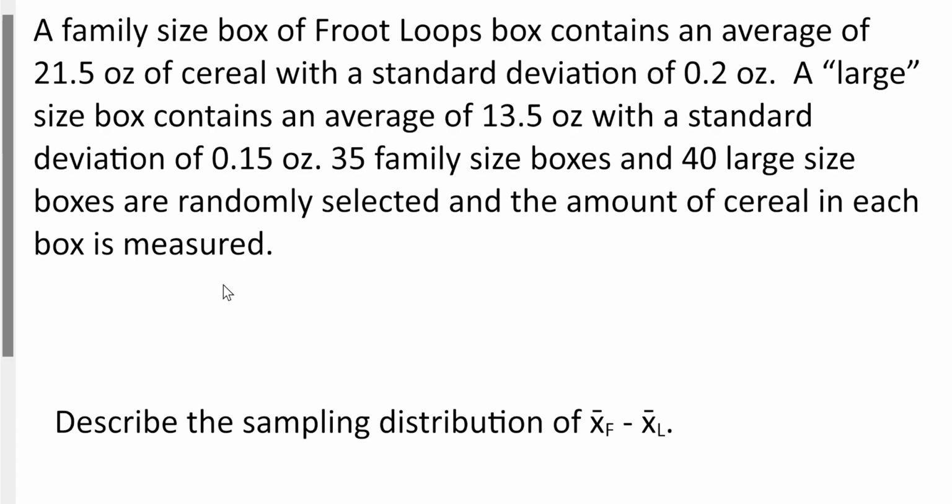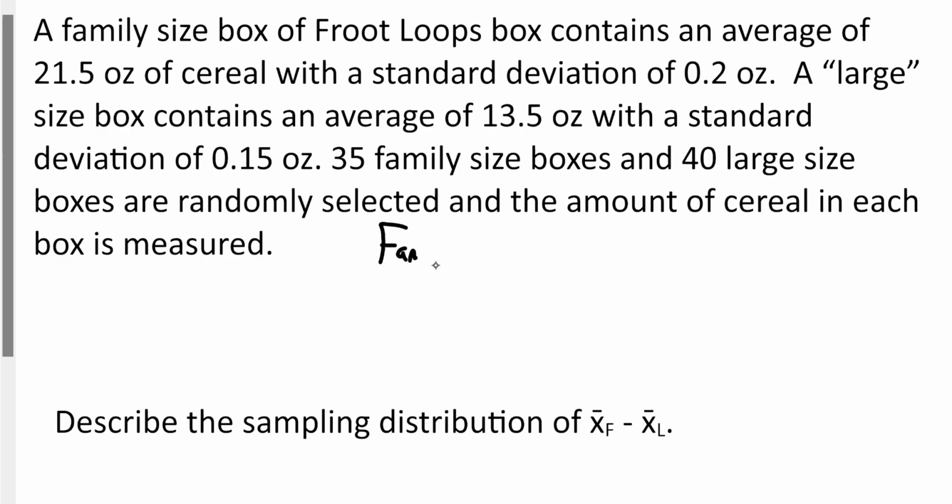We're going to compare the family size and the large size. The large box contains 13.5 ounces with a standard deviation of 0.15 ounces. 35 family size boxes and 40 large boxes are randomly selected, and the amount of cereal in each is measured.